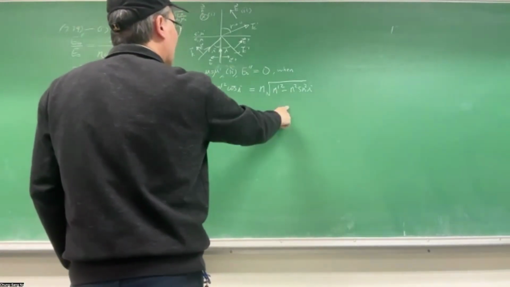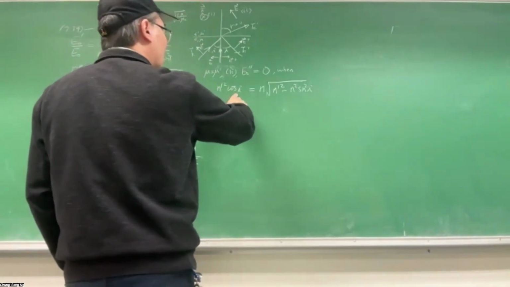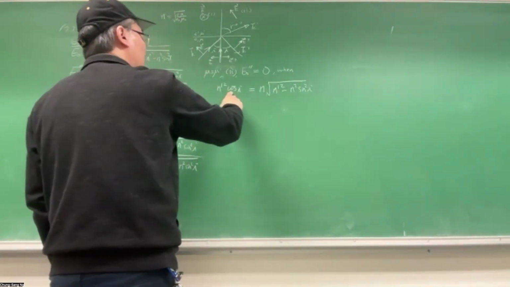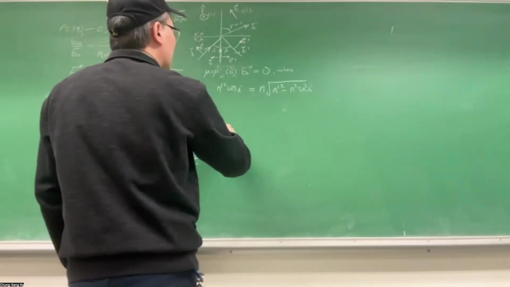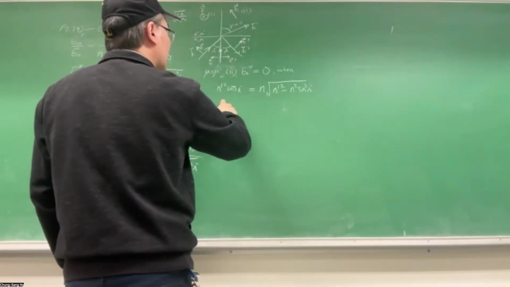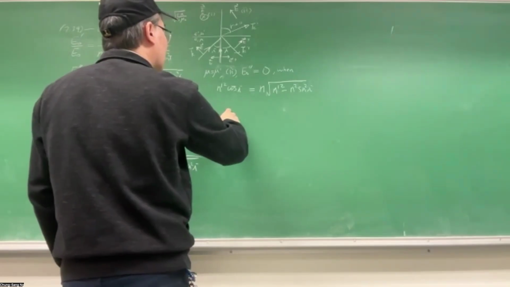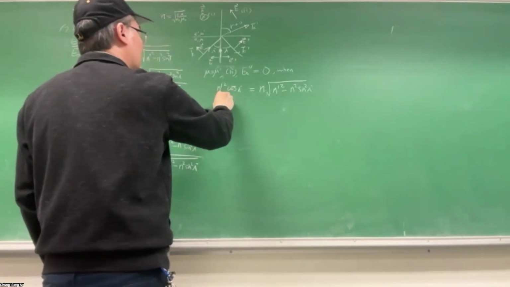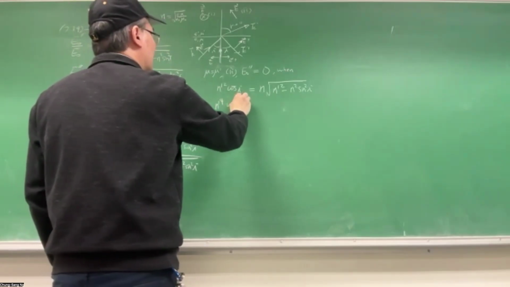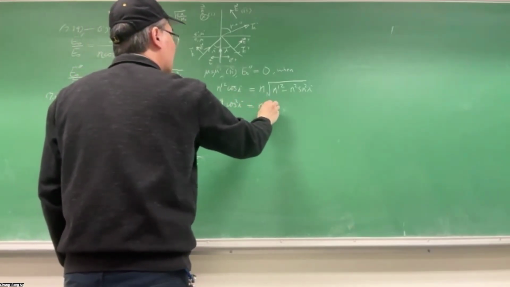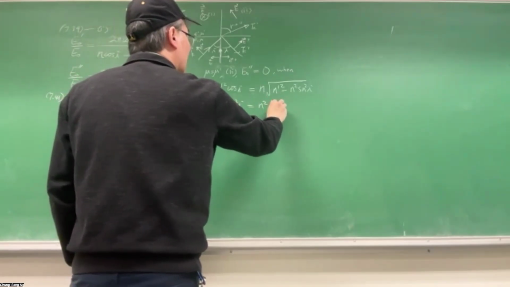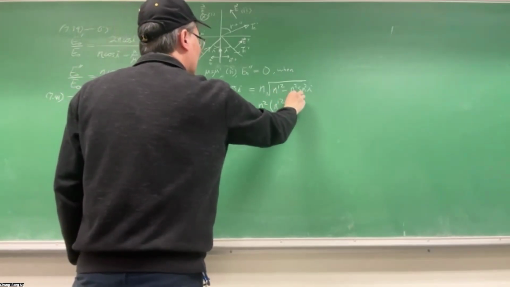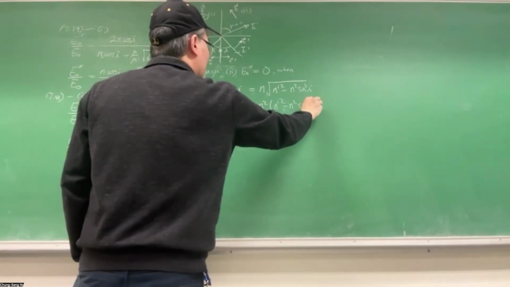And now we can try to solve for I in this equation. The first thing to do is you square that one, so n prime 4 cosine square I equals n square times n prime square minus n square sine square I.